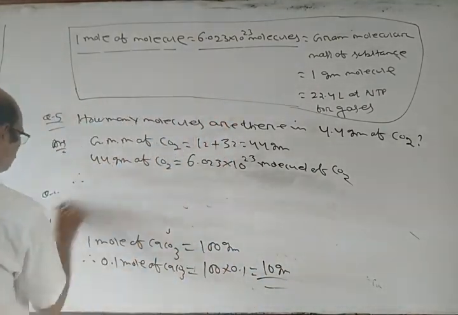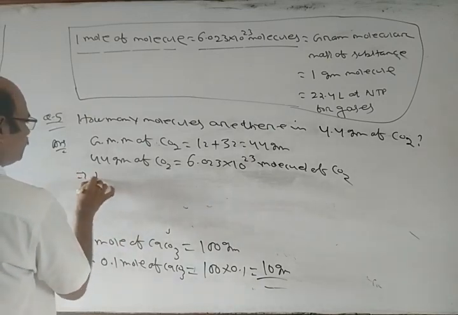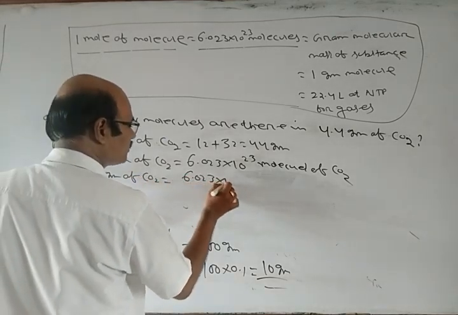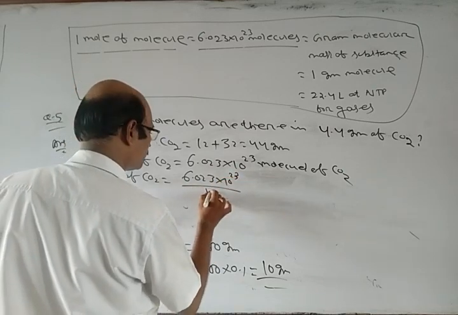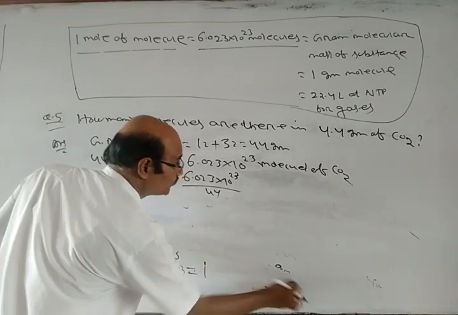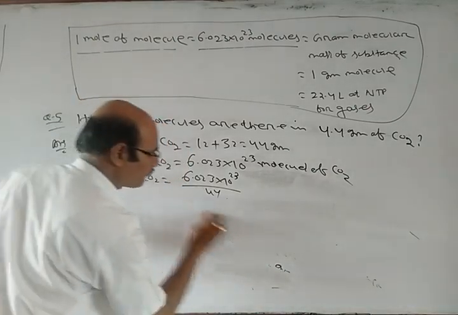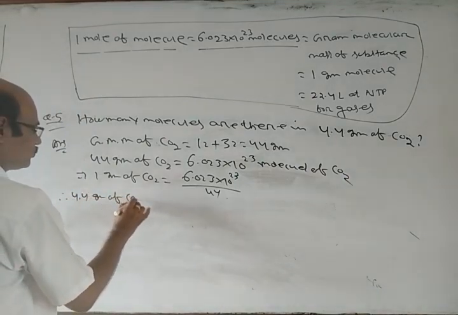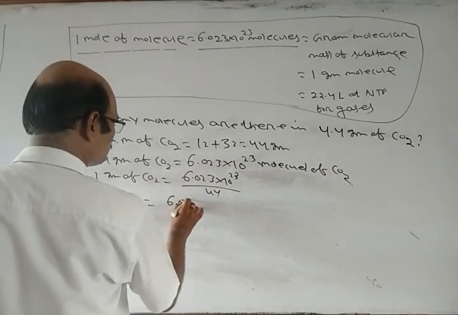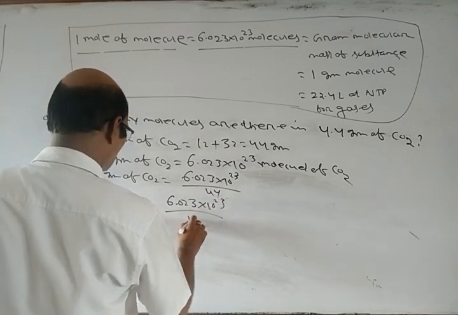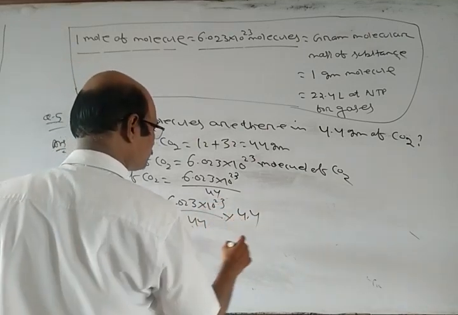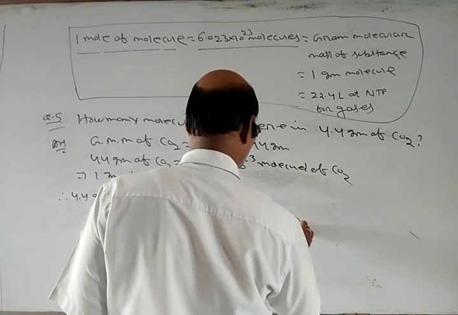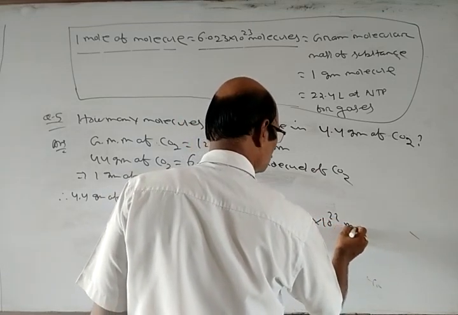Therefore 1 gram of CO2 equals 6.023 into 10 power 23 divided by 44. Now 4.4 gram of CO2 is equal to 6.023 into 10 power 23 divided by 44 into 4.4, which equals 6.023 into 10 power 22 molecules.